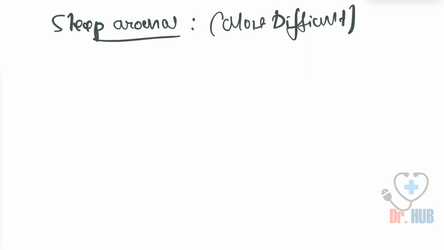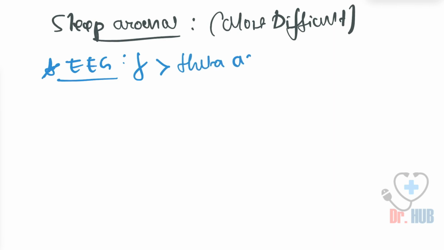Then we look at the EEG finding. The EEG finding of NREM3 and 4 is that delta activity is greater than theta activity.